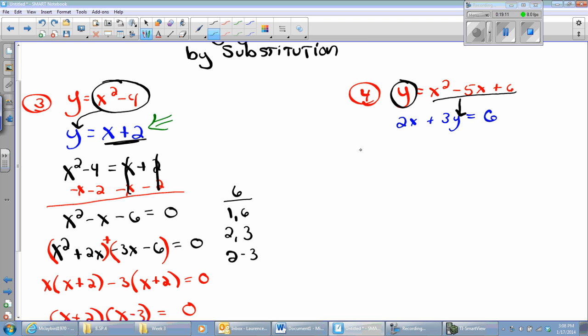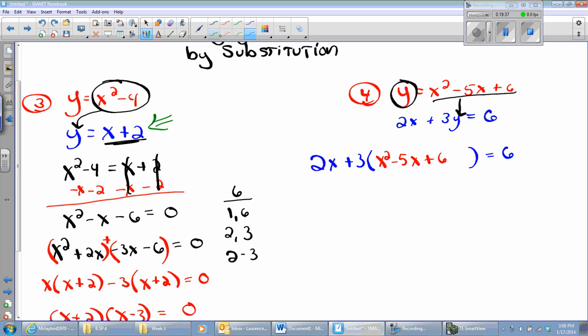So I am going to write 2x, right? And then plus 3. Now, instead of writing y, I'm going to write what y is equal to. It's equal to x squared minus 5x plus 6. And then that's going to equal 6.